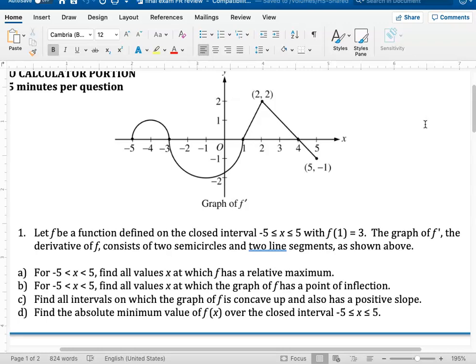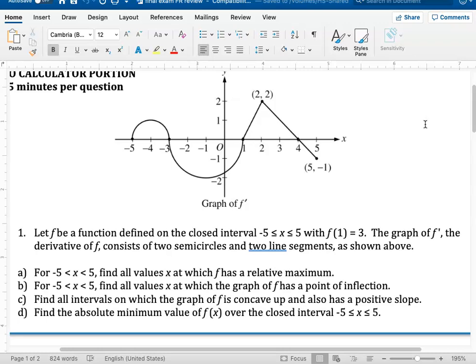All right. Part C, find all intervals where f is concave up and also has a positive slope. Okay, well worded. f is concave up when f double prime is positive, which means f prime is increasing. f has a positive slope when f prime is positive.